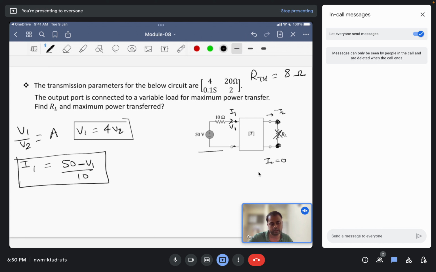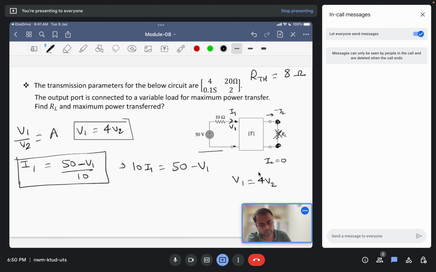So next step, we can use other parameters here. Let us simplify this. 10 I1 is equal to 50 minus V1, and V1 is given as 4 V2.